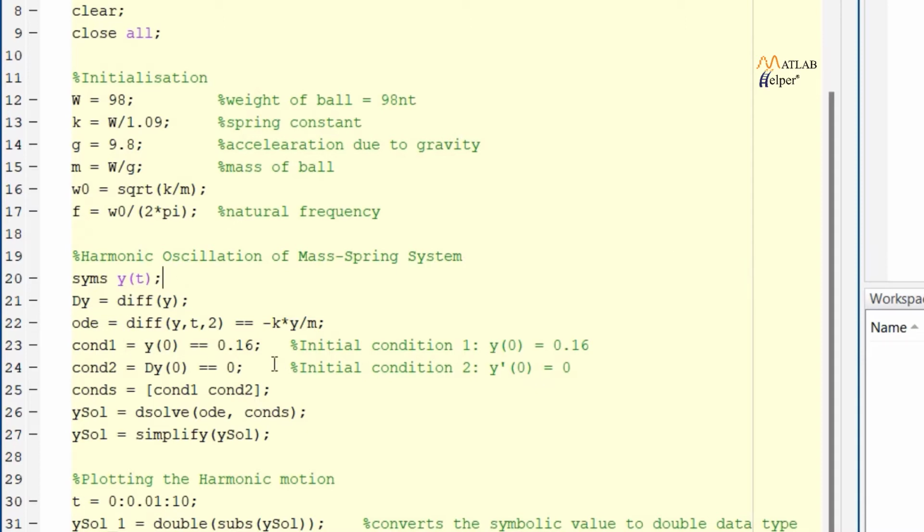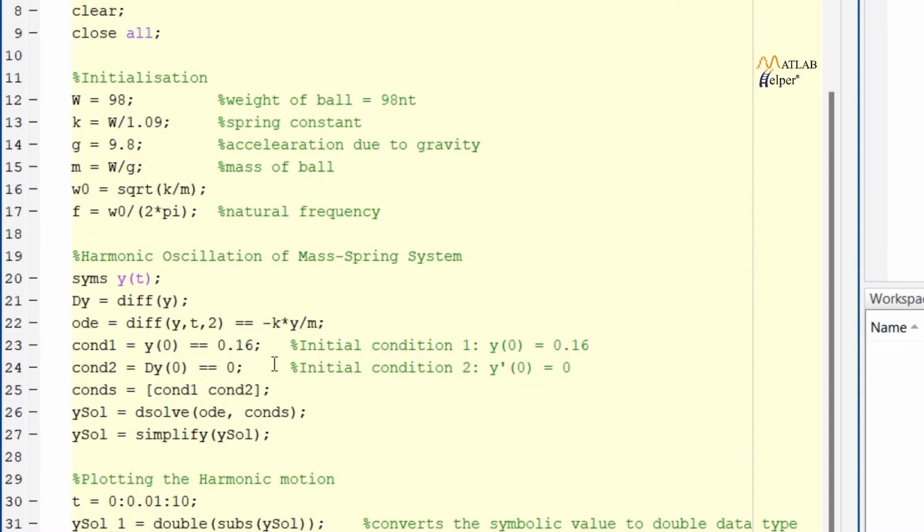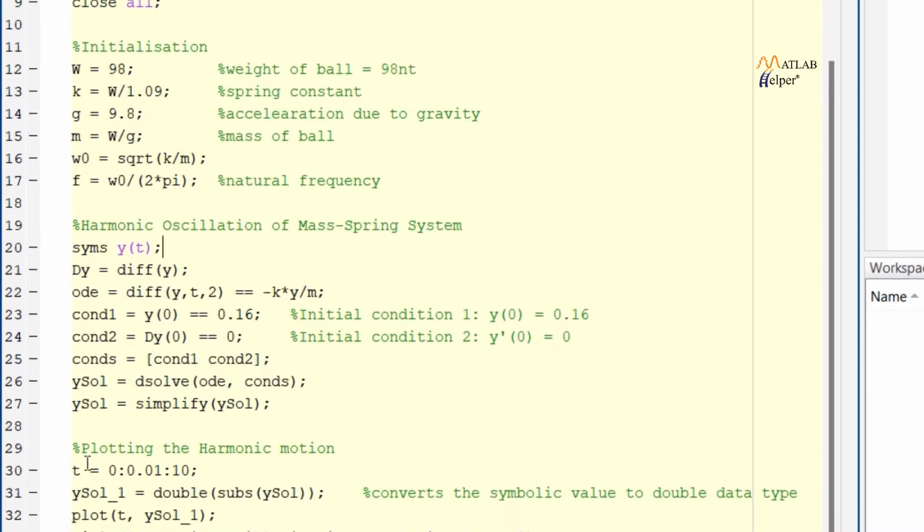I'm also introducing the initial conditions y0 equal to 0.16 and y dash 0 equal to 0. The initial condition was the reason why we did differentiation of y earlier. I'm using dsolve function of MATLAB to get a solution to our ordinary differential equation and simplifying the equation.